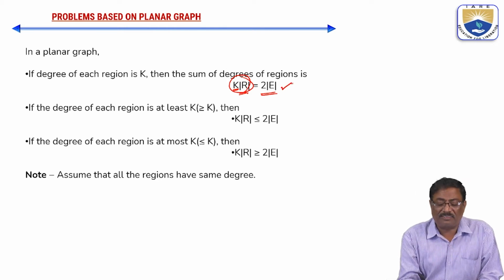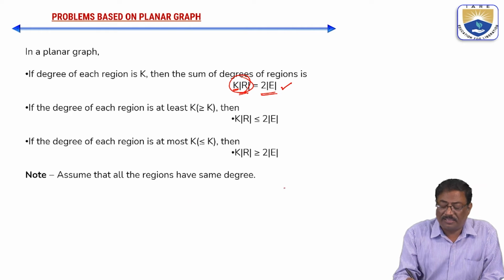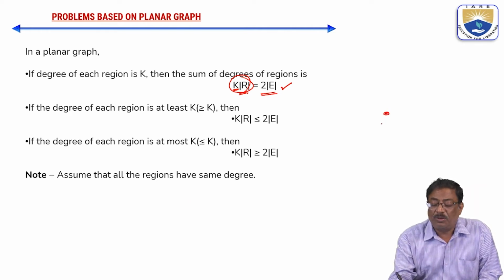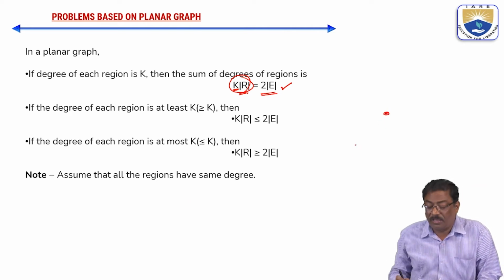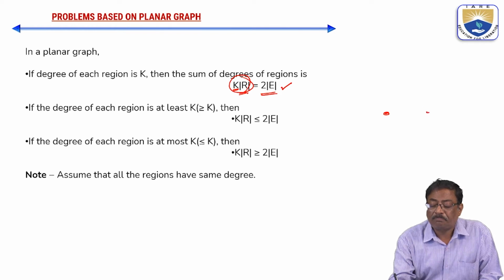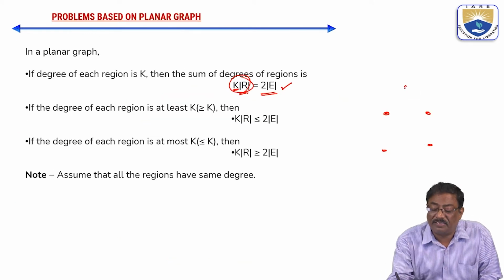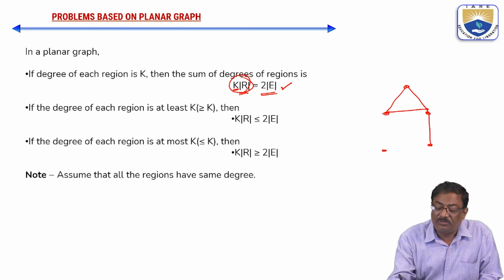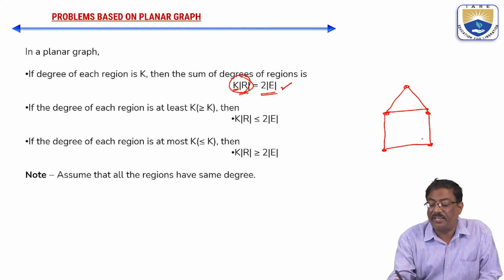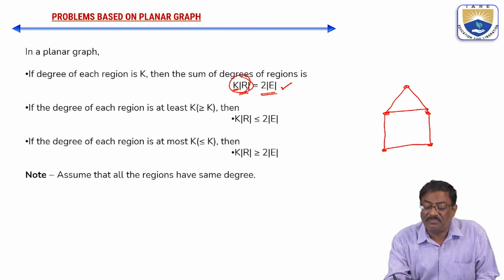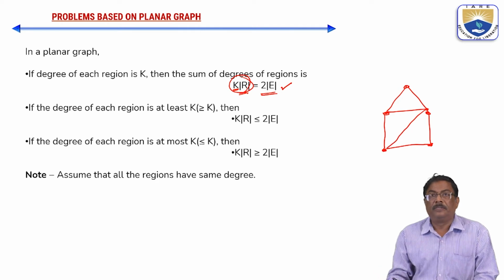And suppose, let us consider one example. I'm just taking any graph, let us say the graph is like this. Let us say this is a planar graph, so the planar graph does not have any intersecting edges.